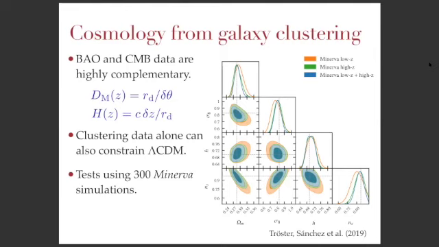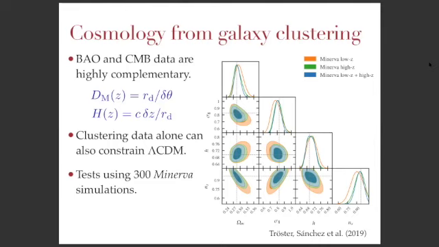So what we wanted to do now in this paper with Tilman Tröster and others was to try to see if we can say something about this tension using the data from BOSS. So the main reason why we always combine clustering data with the CMB is because essentially this is the information that we get from the BAO peak.